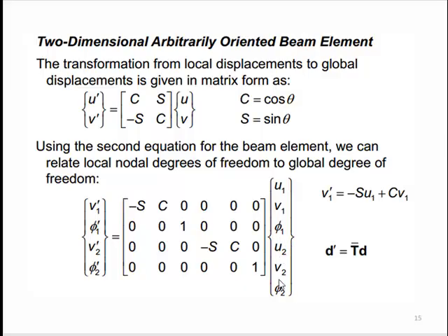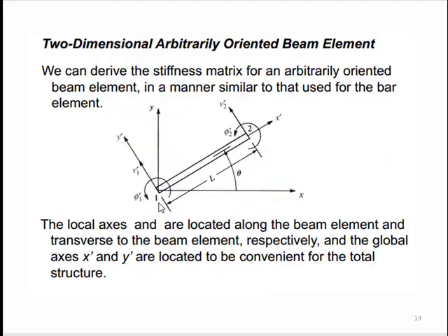Now, an important point to note here is that this rotation is about the out of plane axis. Whether this element is along the global x-axis, or it has some angle with respect to the global x-axis, as it has in this case, this rotation phi1 is basically about the out of plane axis.